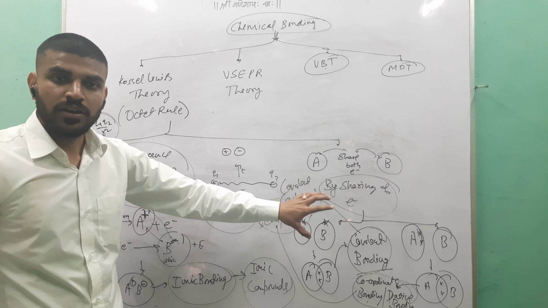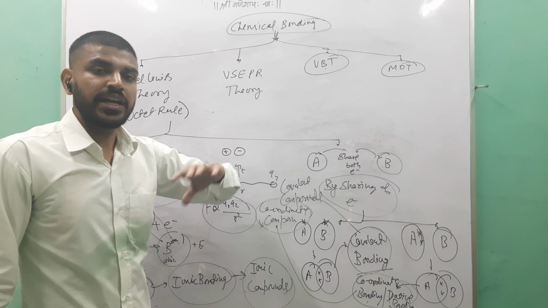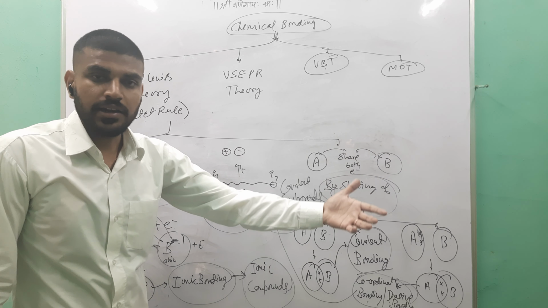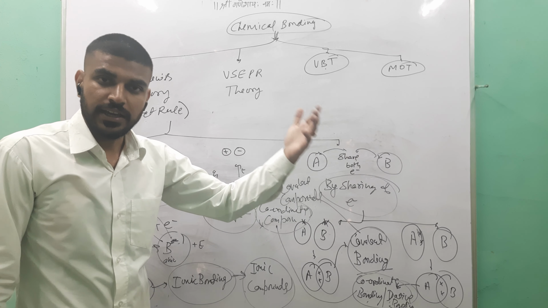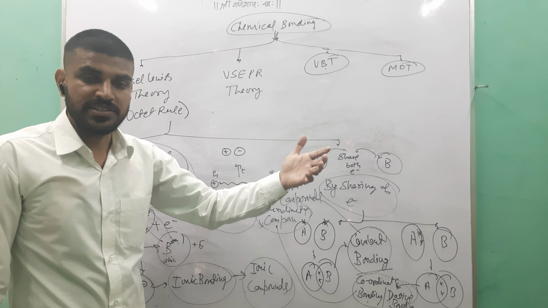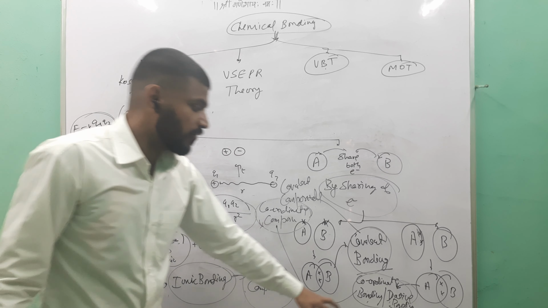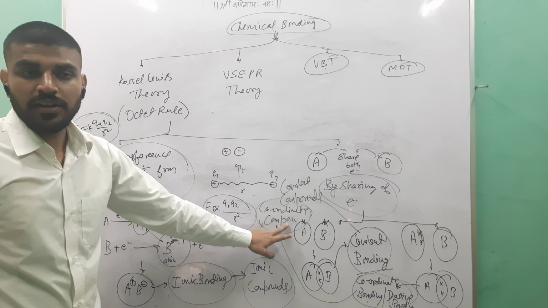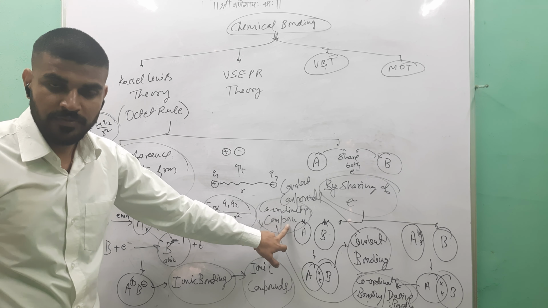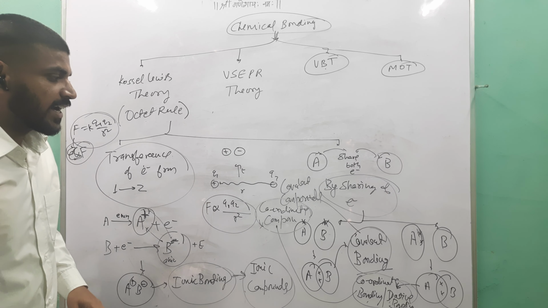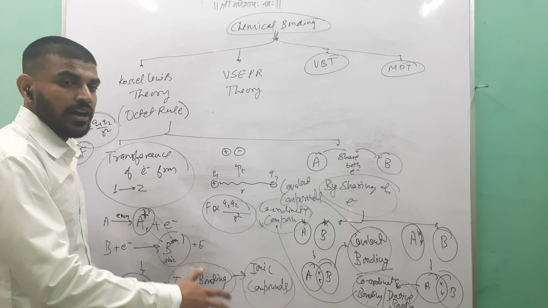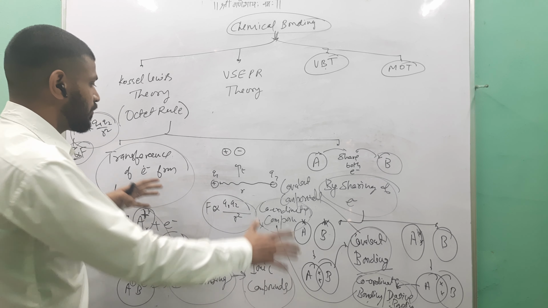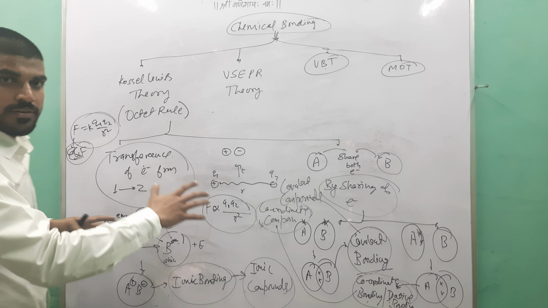And third are those who donate their electron to another atom's empty valence shell orbitals, which is called coordinate bonding, and the compounds are called coordination compounds. That's how we can classify the types of compounds starting with the octet rule.